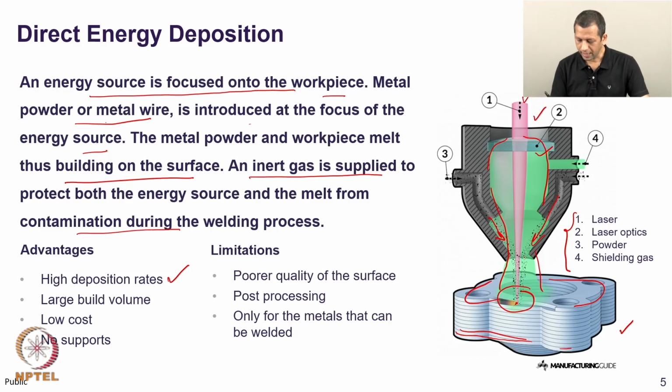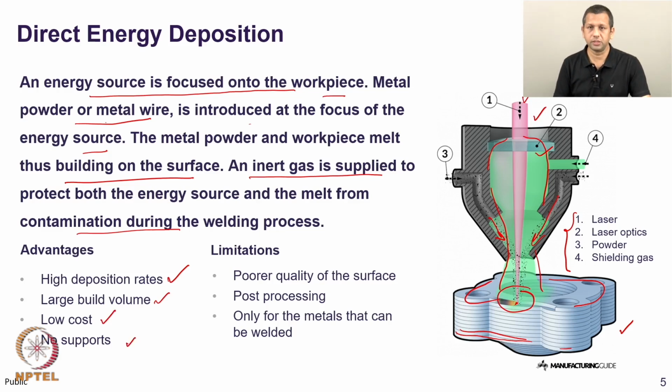We can also have larger amounts of powders and thicker wires possible. Thus we can also build large volumes. The setup is cheaper because we do not need a chamber or creation of vacuum for this, and no supports are required like in many other 3D printing technologies.